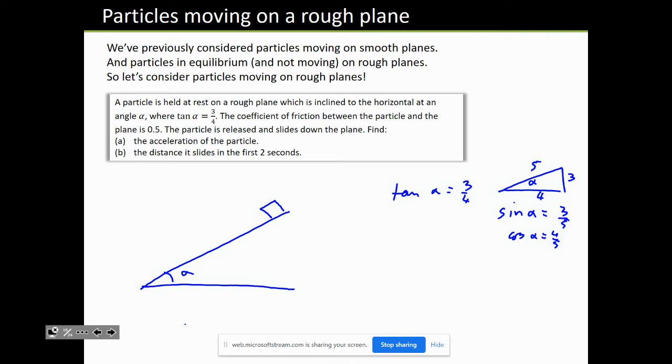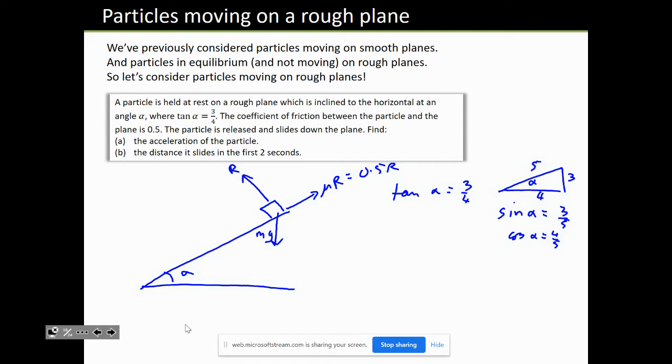We know that we're going to have a normal reaction force, and we're going to have mu R here, which is going to equal 0.5 R. We're going to have a mass of m, because we don't know what it is. So the weight is mg.